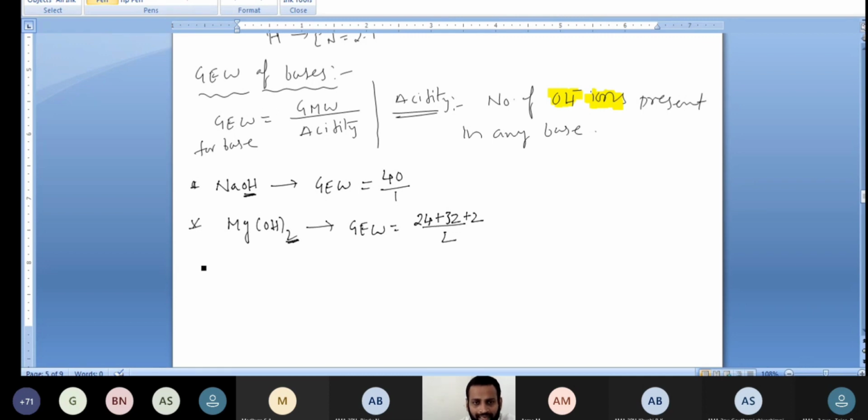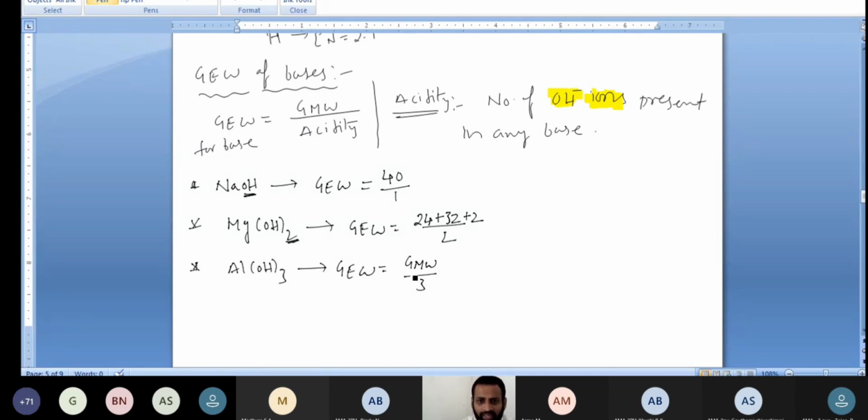Next, aluminum hydroxide, Al(OH)3: the gram equivalent weight is the same story, gram molecular weight by 3.